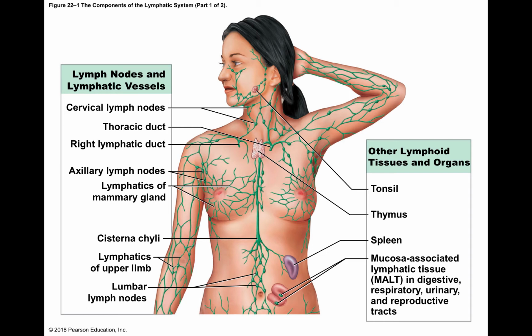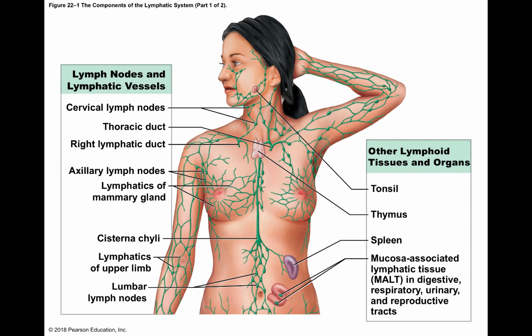And the lymphocytes are going to clear that fluid of any pathogens, any bacteria or viruses that it finds, any infected cells that it finds. So by the time it comes back up and gets dumped back into the systemic veins, it's been cleared of these pathogens, right?